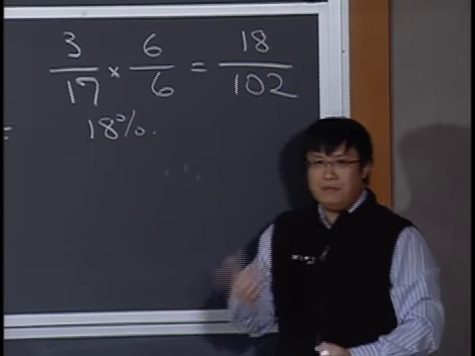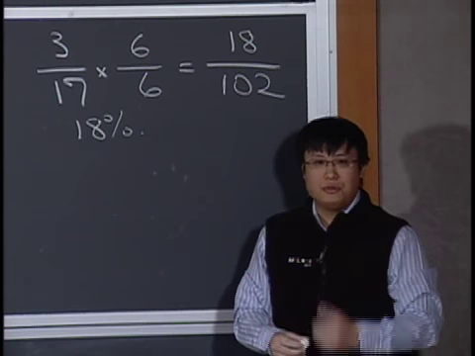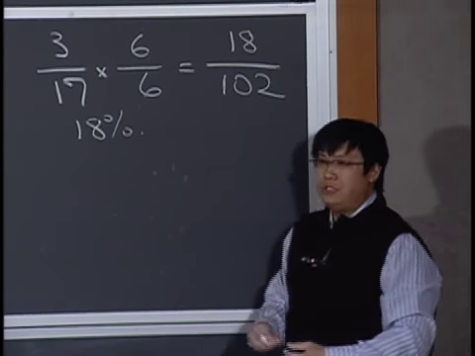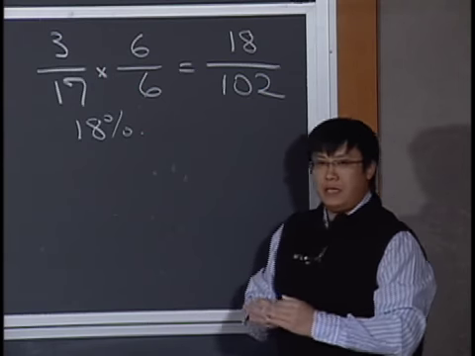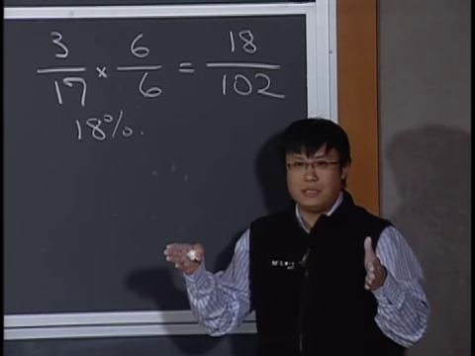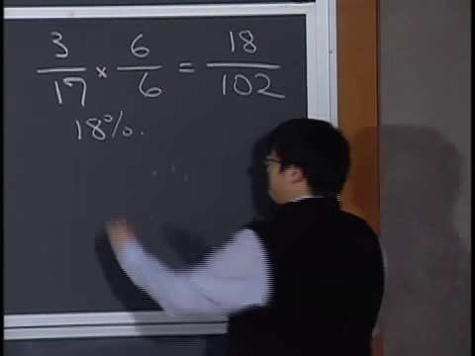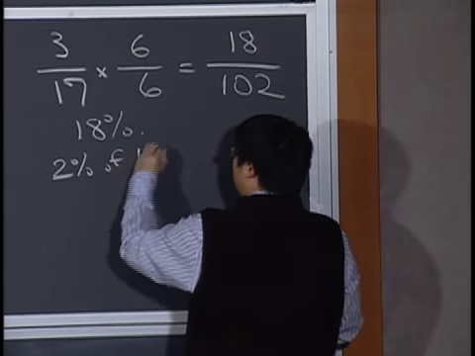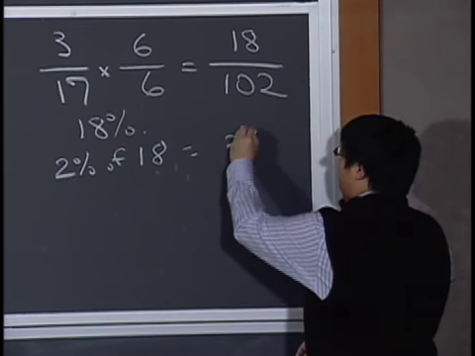But can we do even better than this? Well, if we wanted to make 102 into 100, one way to think about that is, let's reduce 102 by approximately 2%. So if we can scale the denominator down by 2%, then we want to scale the numerator down by 2% as well. So what is 2% of 18? 2% of 18, if we multiply 18 times 2, we get 36.